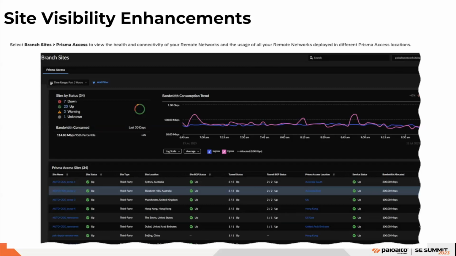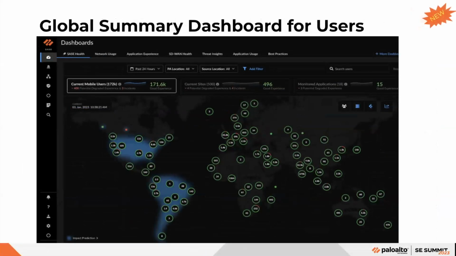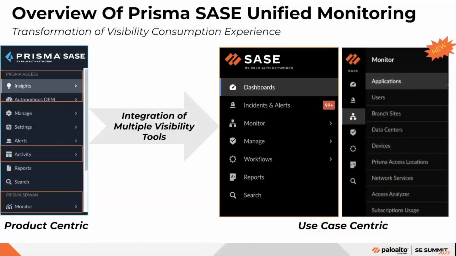And that has all the different resource objects that you care about, which are essentially applications, users, branch sites, and data centers. Data centers would have information on your service connections, as well as the ZTNA connectors, which we introduced back in April. Devices is specific to your next-gen firewall devices or your SD-WAN ION boxes that you might have in your branch routers or even in your data center if you had an ION 9000 series.